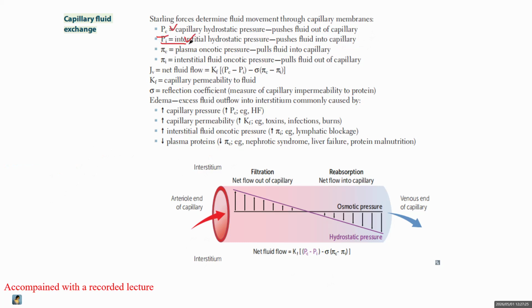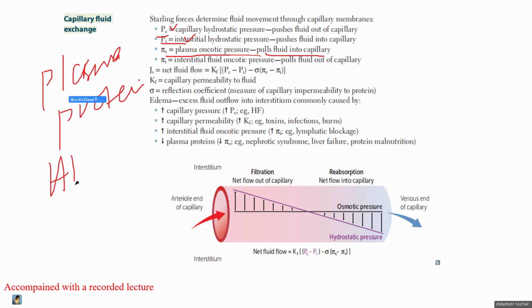Then we have the plasma oncotic pressure, which pulls the fluid into the capillaries. This is the third force, and it is produced by the plasma proteins, specifically the albumins. Proteins cannot easily leave the capillary, so they stay inside the plasma and create an osmotic pulling force.